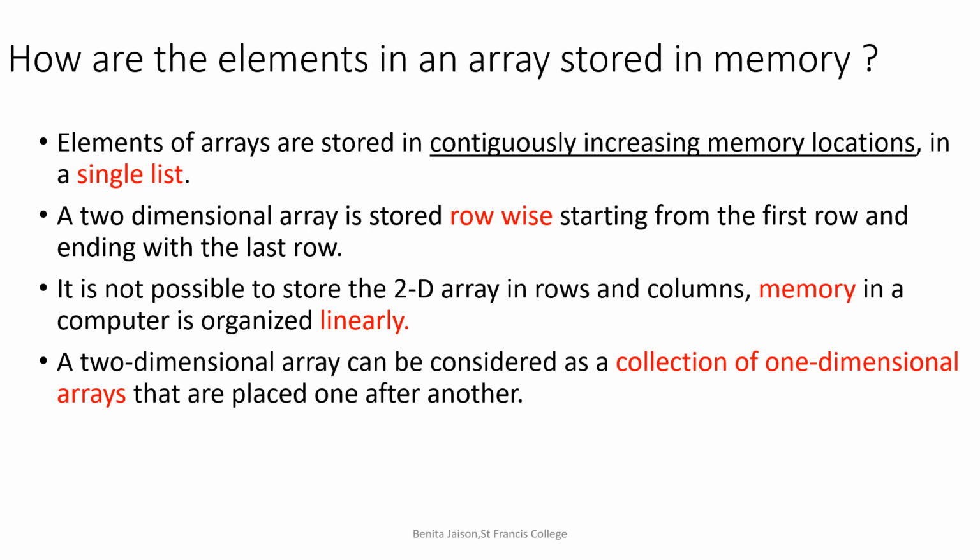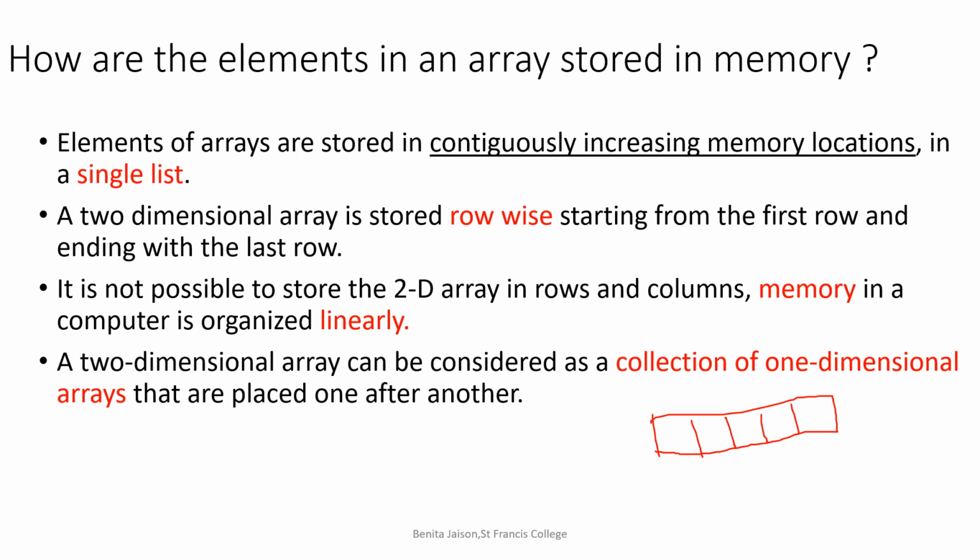How are the elements in an array stored in memory? As we imagined for a single dimension array, all the elements will be placed continuously. But what will be the case for a multi-dimensional array that has more than one subscript, 2-dimension as well as 3-dimension and 4-dimension?